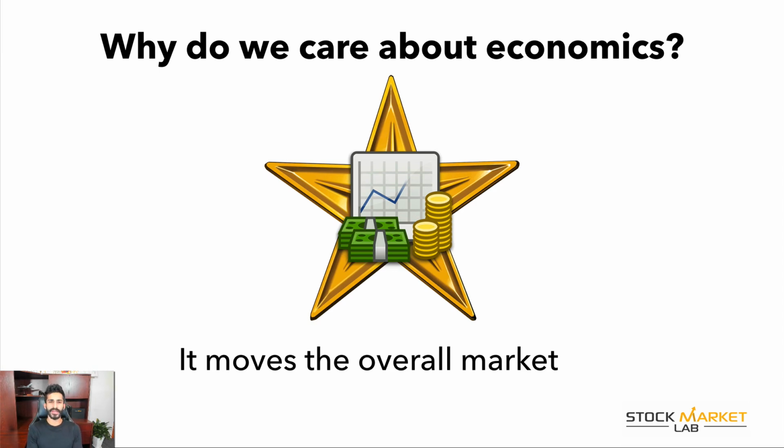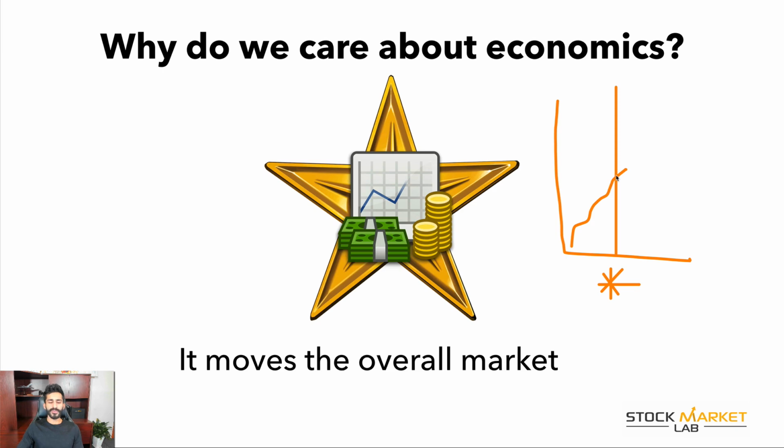If we understand how the economy is doing and we understand certain economic indicators, we are able to take on better trades, right? So for example, let's say that we have a stock that's going up throughout the day, and we know that throughout the day there's a certain economic event or report coming out.